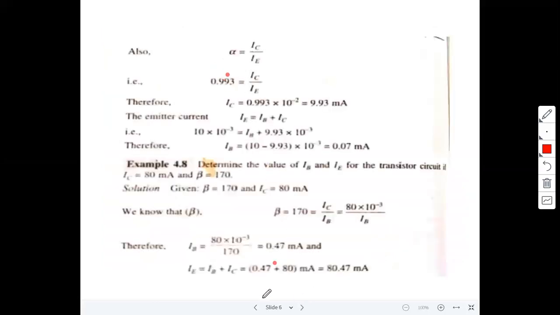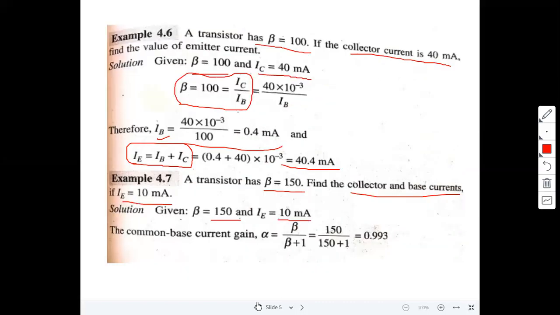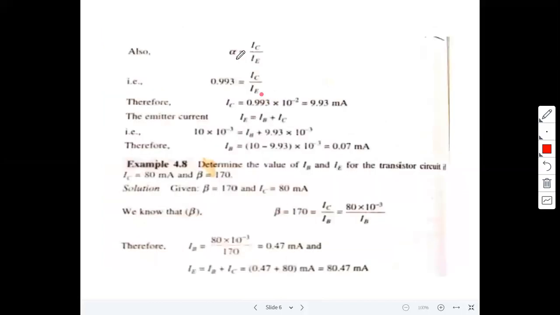Once you know the alpha and beta, here previously you were given beta and you calculated the alpha value. What is alpha? Alpha is equal to IC by IE. So from that, 0.993 is IC by IE, and you can easily calculate IC. IC is equal to 9.93 milliamperes.